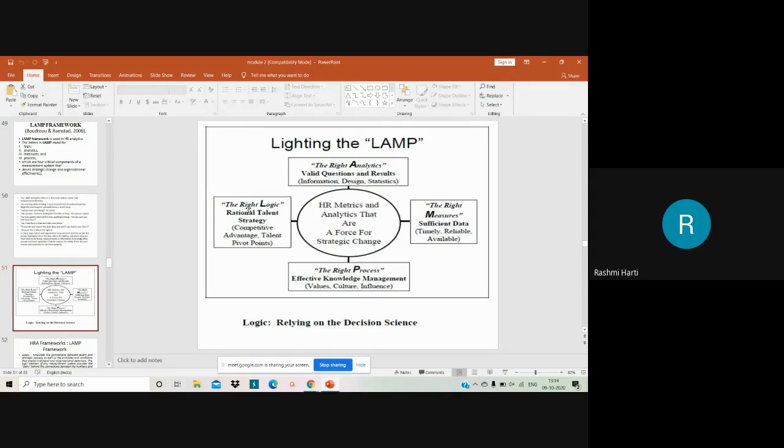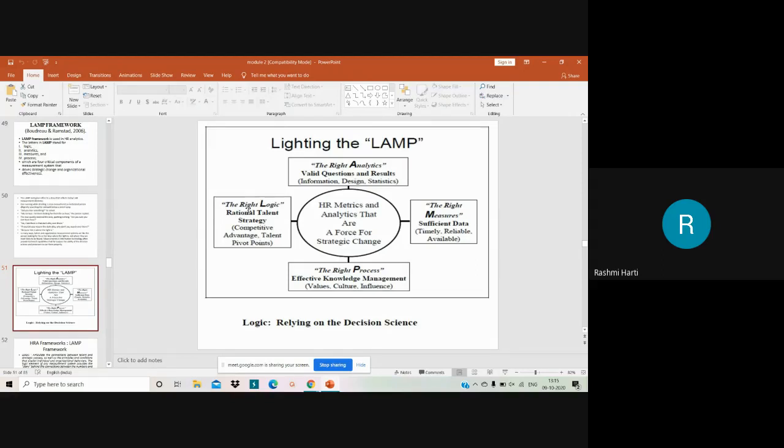Now what does this particular logic mean, right? Logic is nothing but the right logic, that is rational talent. So this element basically searches for vital connections. So without proper logic, it is impossible to know where to look for insights. So if you want to understand something, you need to have some logic behind it, right?